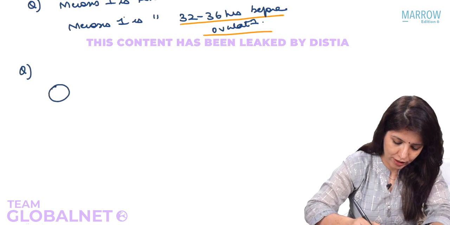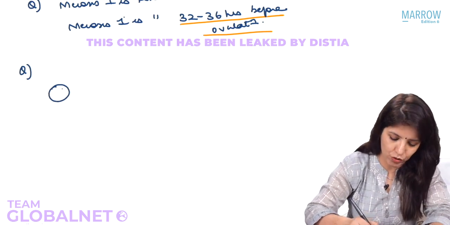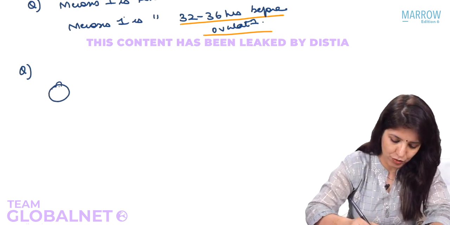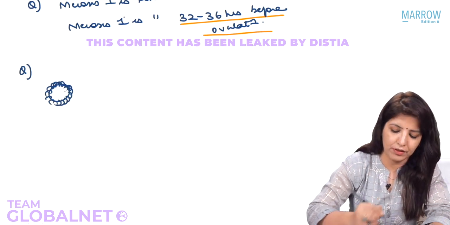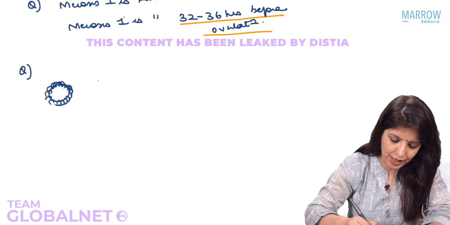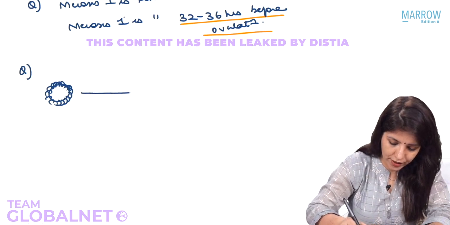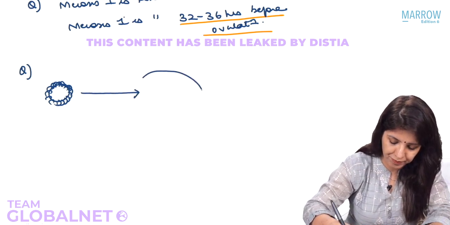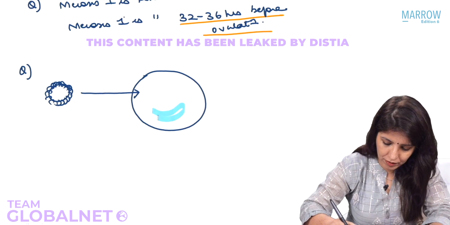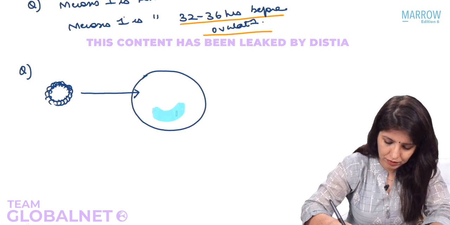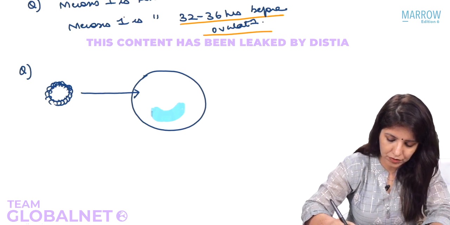So we have one follicle which was initially very small, and it was a primary oocyte surrounded by granulosa cells, right? Later on, it is going to become big, and a cavity will appear in it.